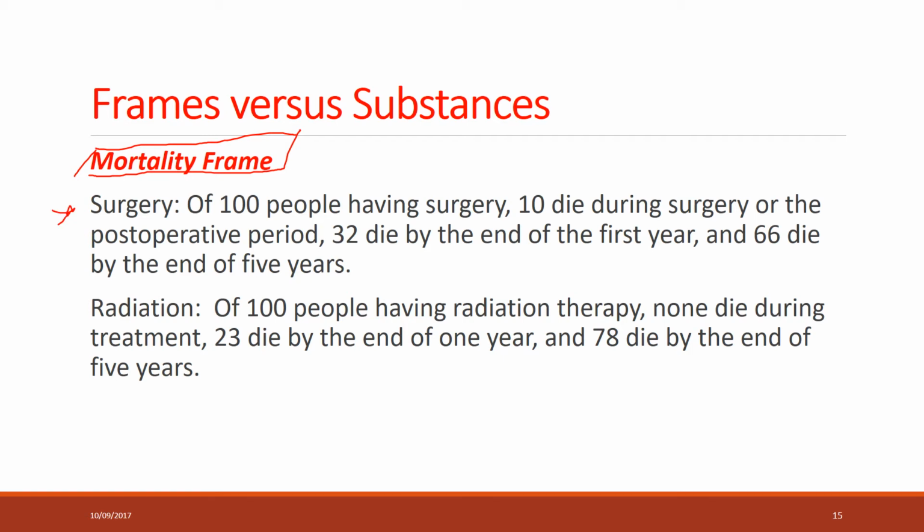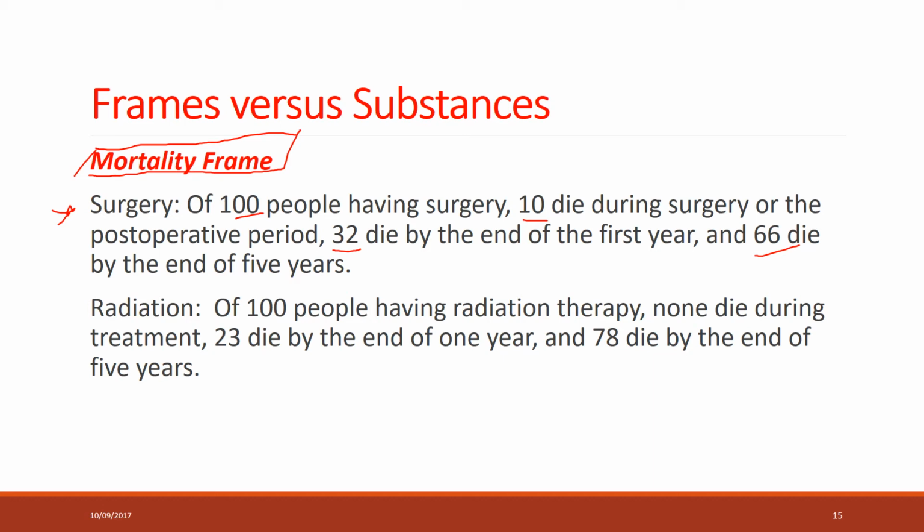So with the surgery, out of 100 people, 90 people live, so 10 people died during surgery. 68 people live by the end of the first year, so 32 people die by the end of the first year. 34 people survive by the end of the 5th year. Therefore, 66 people die by the end of the 5 years, right?